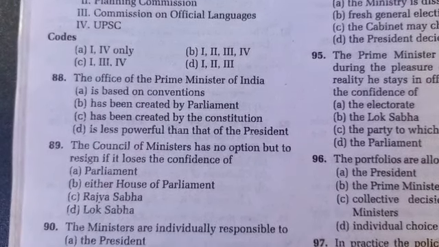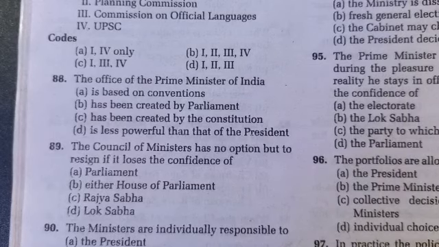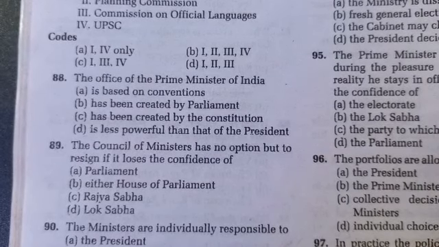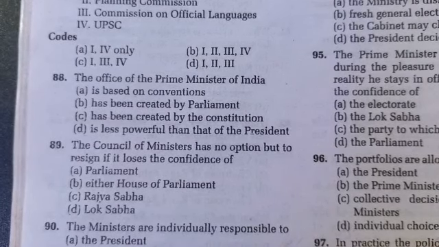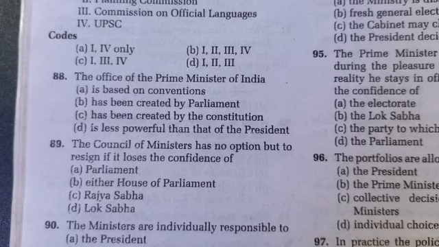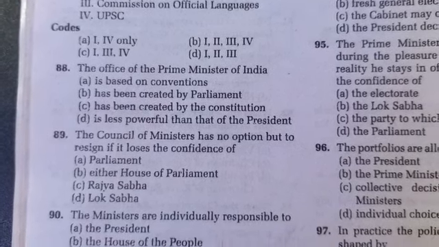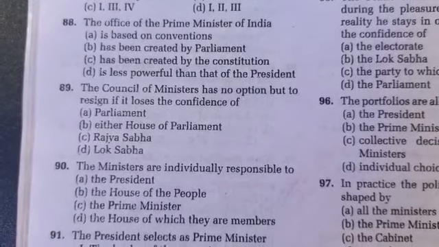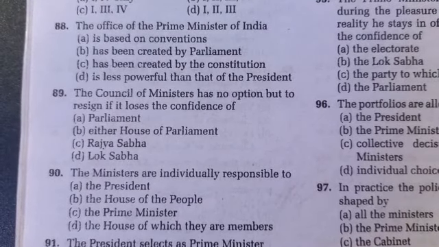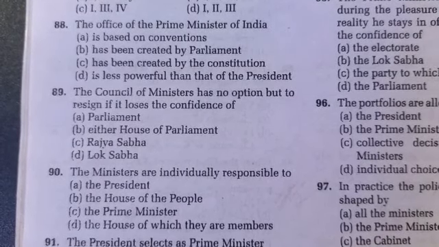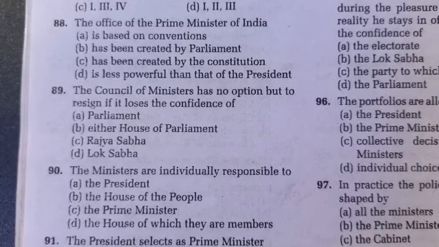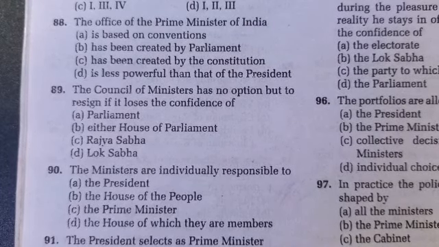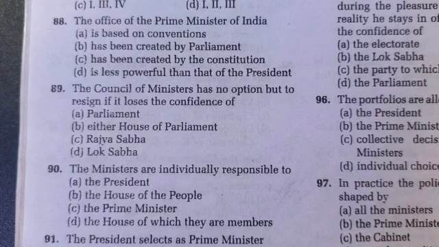Question 88. The Office of Prime Minister of India. Option C is correct. Has been created by the Constitution. The Council of Ministers has no option but to resign if it loses the confidence of Lok Sabha.